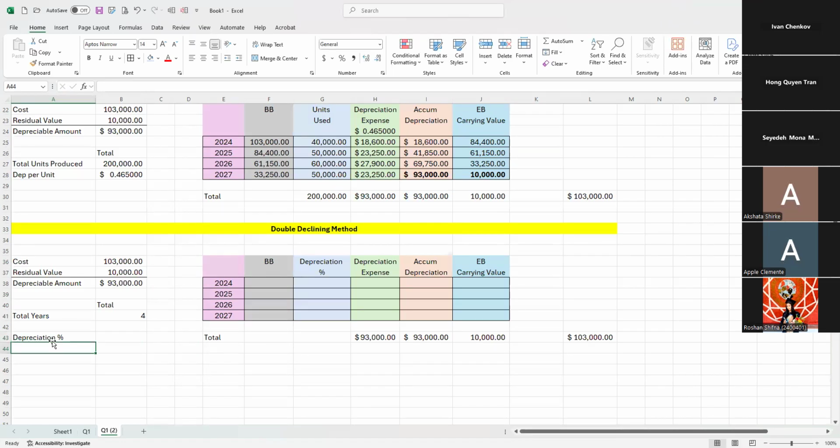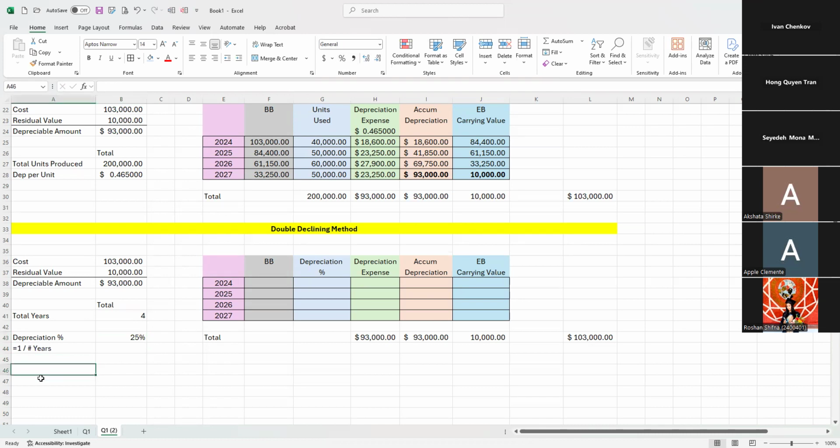Percentage is going to be equal to 1 divided by number of years, which in this case is 4, right? So it's going to be equal to 1 divided by 4. How much is that? 25%.